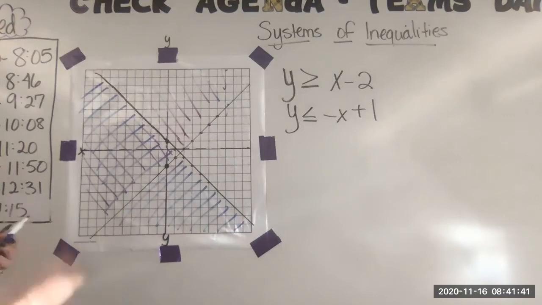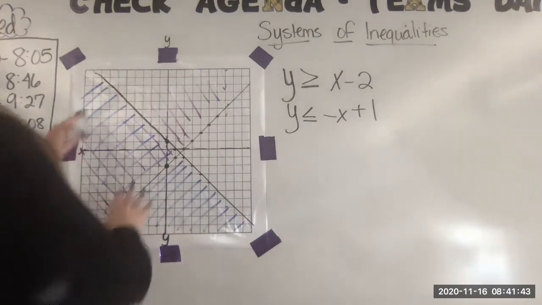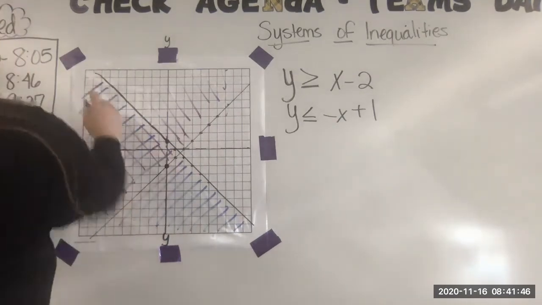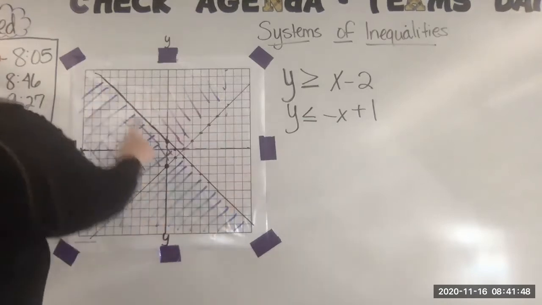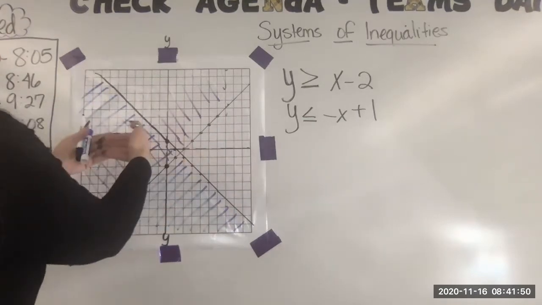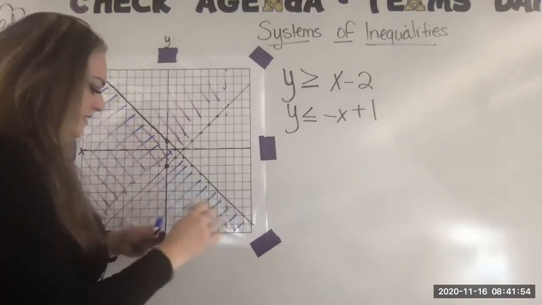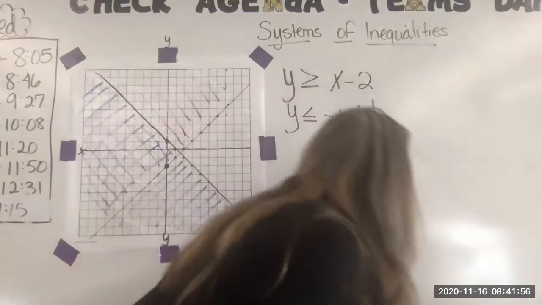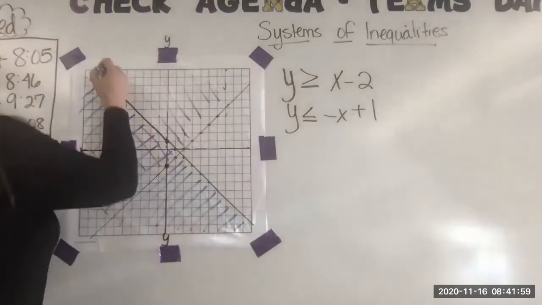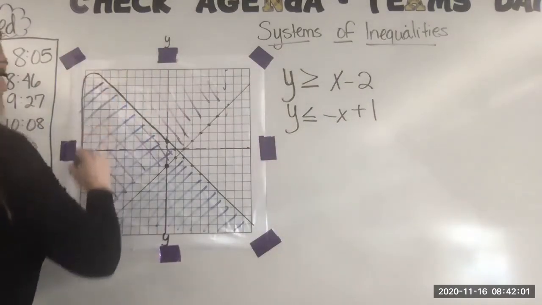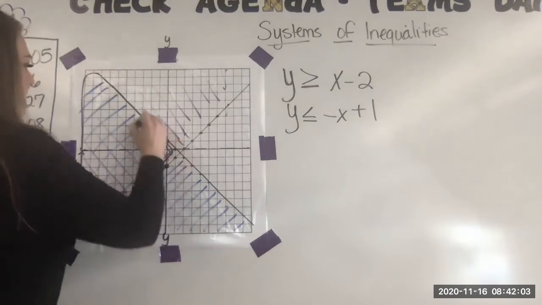And with the colors, it's nice, we can tell that this is the only section. You can see that we've got 4 sections. This is the only section where the 2 colors overlap. So this means that the solution to this system is this section here.